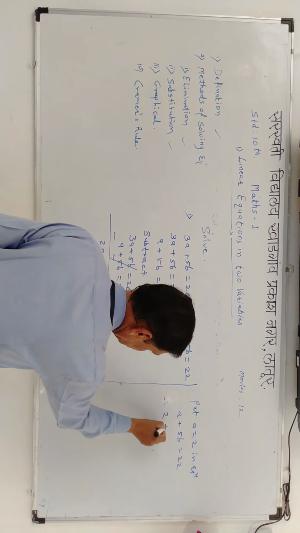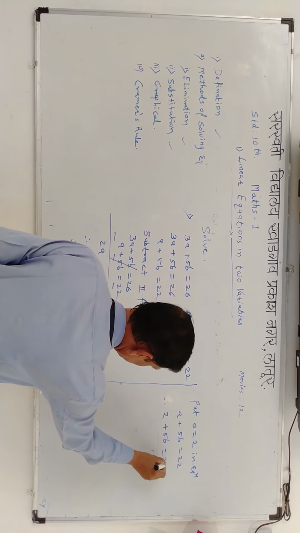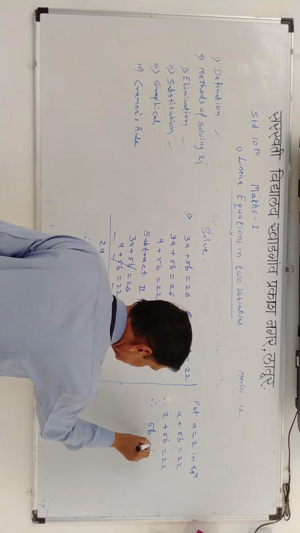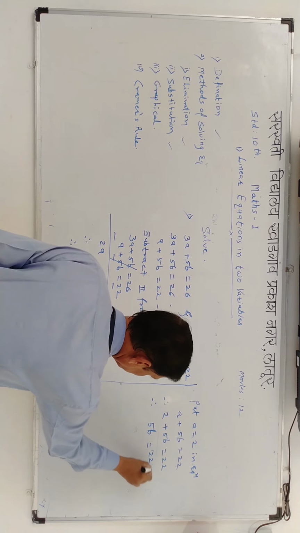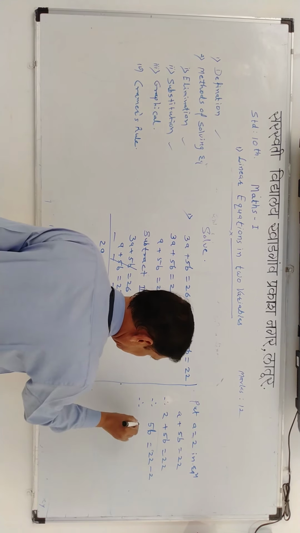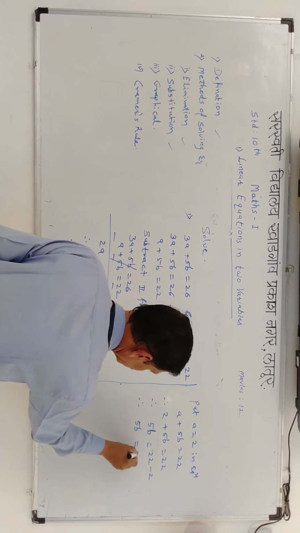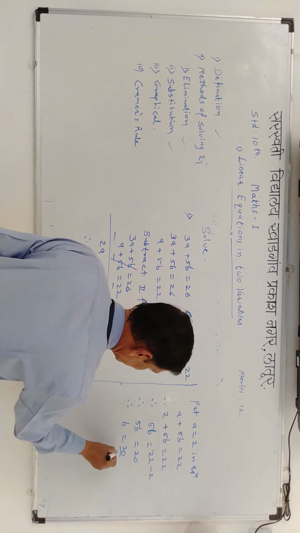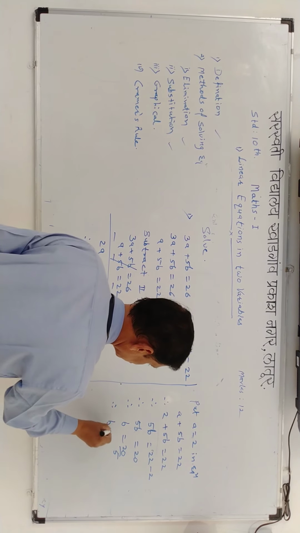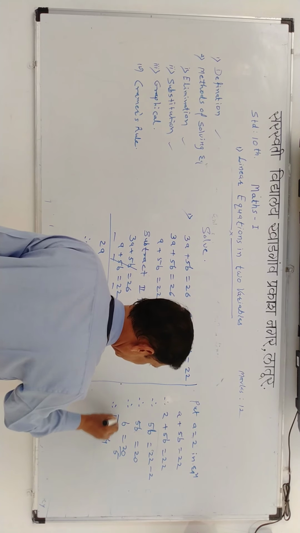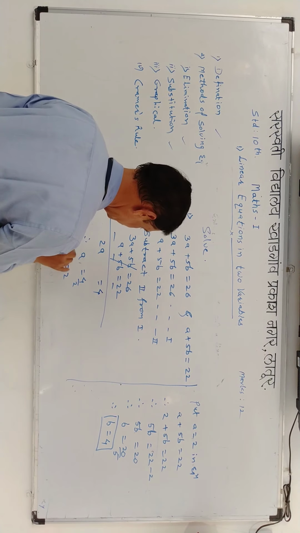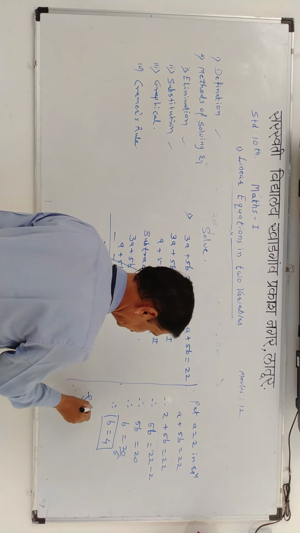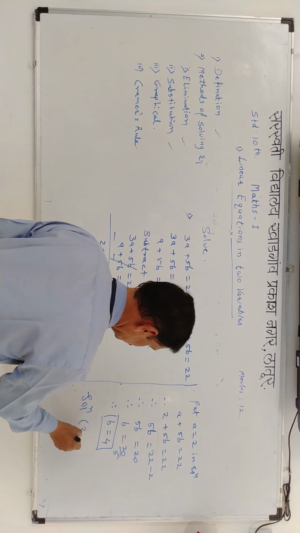Therefore, 2 plus 5b is equal to 22. Therefore, 5b is equal to 22 minus 2. We get 5b is equal to 20. Therefore, b is equal to 20 divided by 5. Therefore, b is equal to 4. This is the value of a. This is the value of b. Therefore, the solution is 2 and 4.